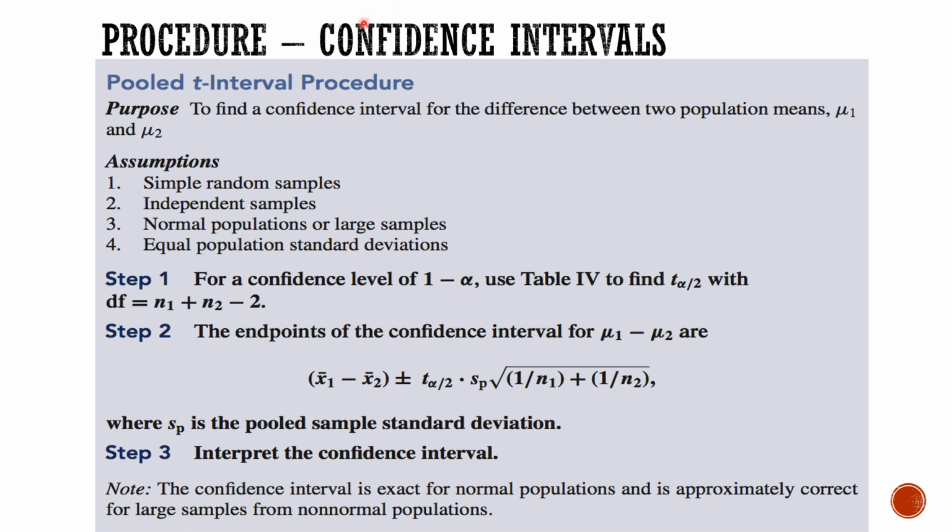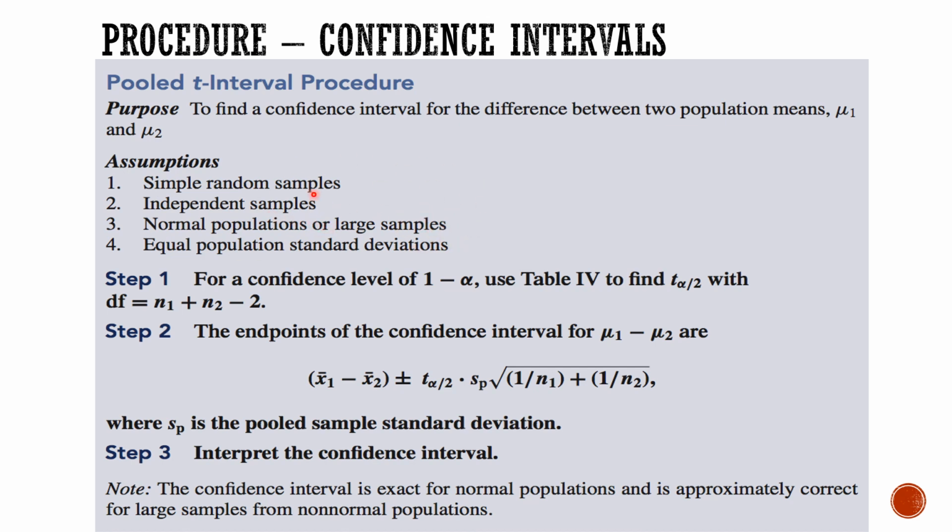This is a step-by-step procedure to find the confidence intervals for pooled t-intervals. Again, the purpose of this exercise is to find the confidence interval for the difference between two population means, mu sub 1 and mu sub 2. Assumptions: simple random samples, independent samples, normal populations or large samples.